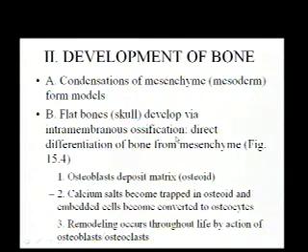Cells will have migrated into the core, if you will, of this membrane and begin to differentiate from mesenchymal cells into bone-forming cells. And the bone-forming cells include both those that will lay down the bone and those that will take up the bone for remodeling.